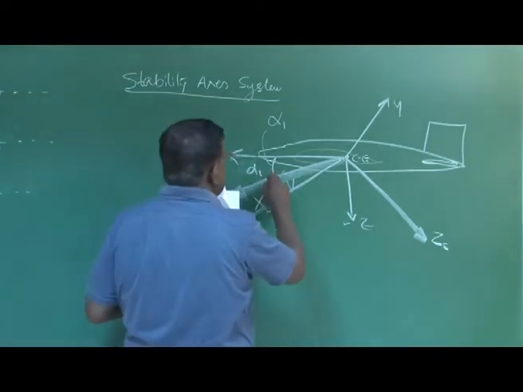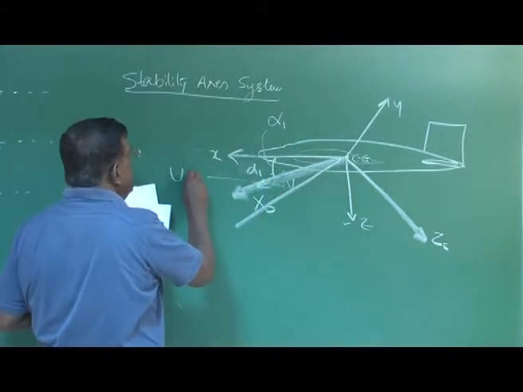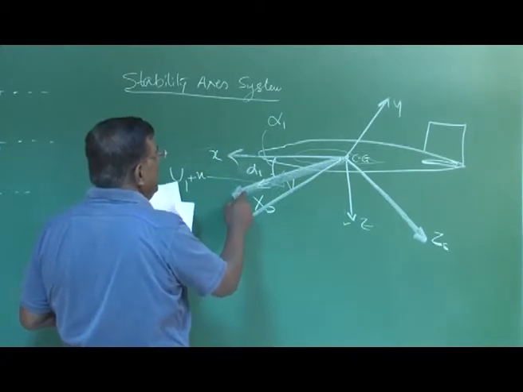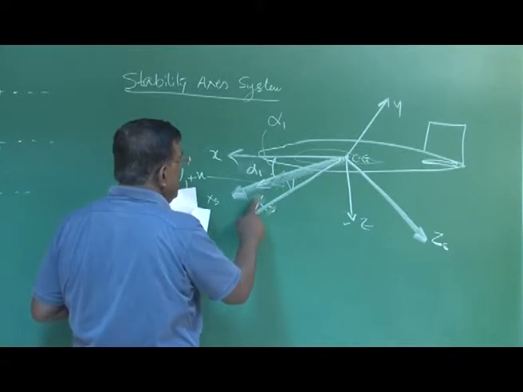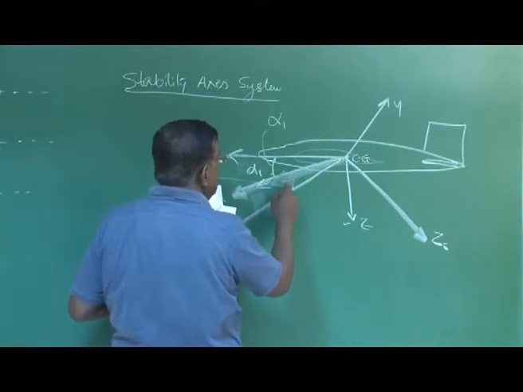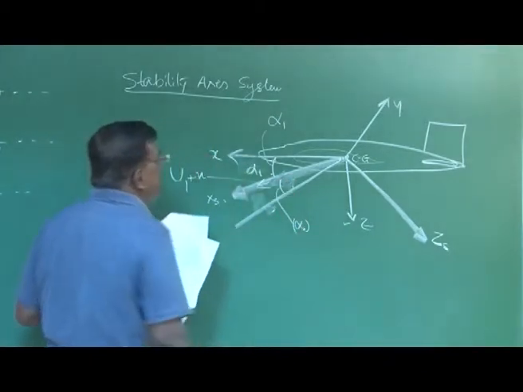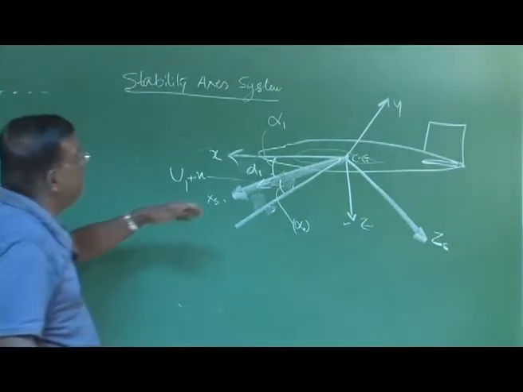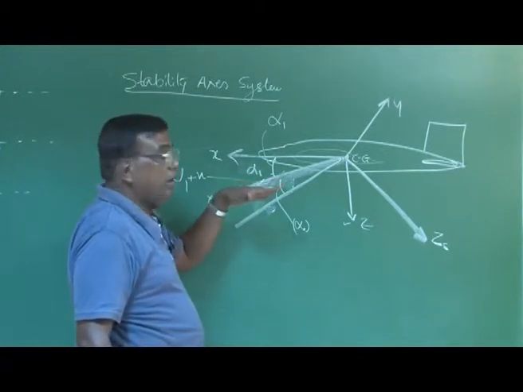Earlier it was u1 at steady state, and plus u is resolved along the xs axis. This is the small disturbance, which is the perturbed alpha. Okay, clear? What is the message? This was my total velocity u, because there was no jet component.